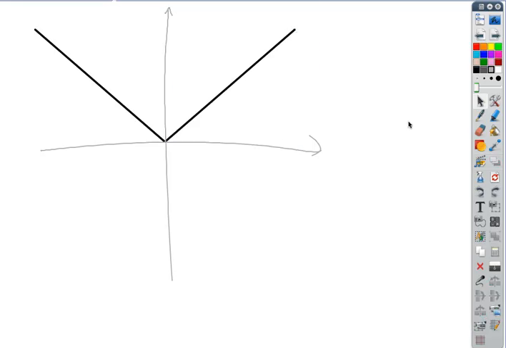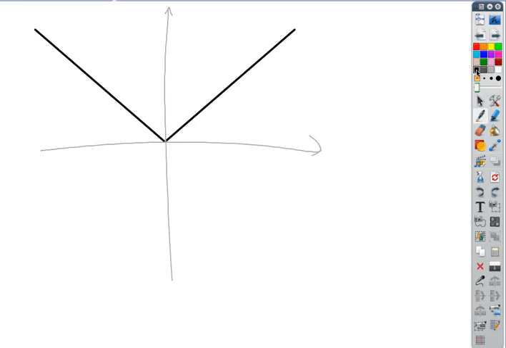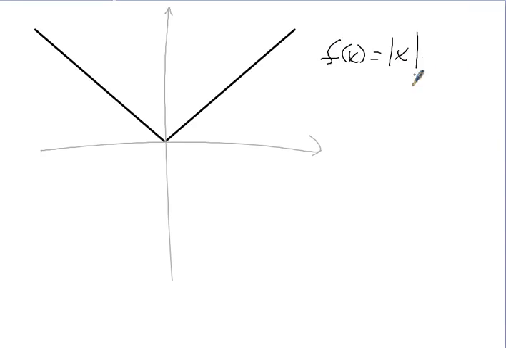Let's get started. Okay, so I've got an absolute value function, f of x equals absolute value of x. Now let's calculate the derivative of this thing. If f of x is the absolute value of x, then that's the same as saying f of x equals a piecewise function.